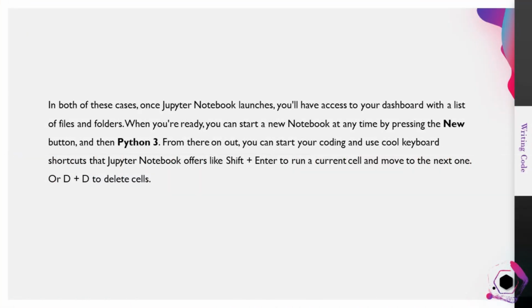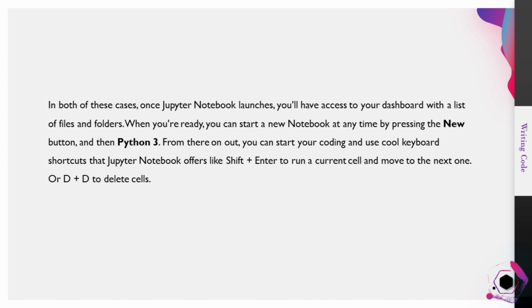In both of these cases, once Jupyter Notebook launches, you will have access to your dashboard with a list of files and folders. When you are ready, you can start a new notebook at any time by pressing the New button, and then Python 3.